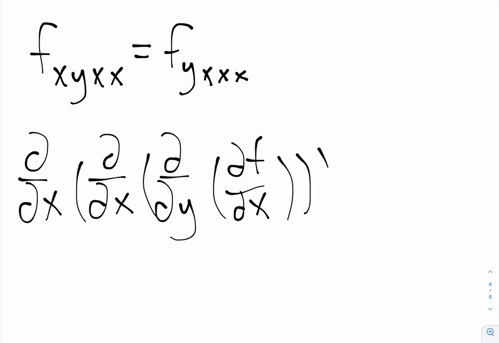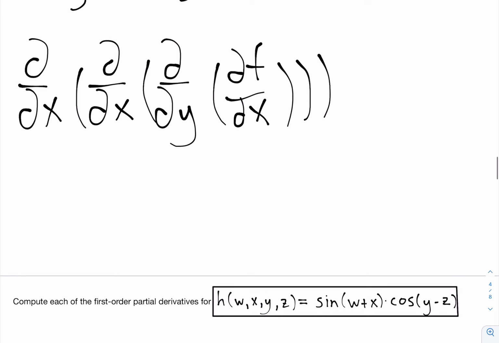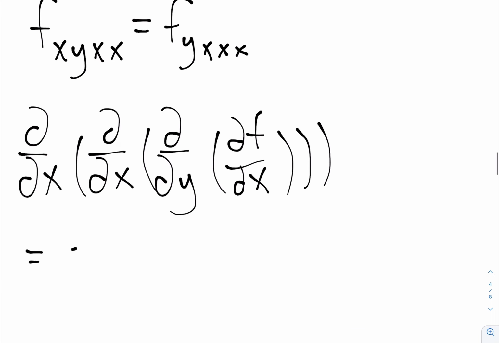Okay, and if we expanded this kind of almost algebraically, we have 1, 2, 3, 4 partials on the top. So this would equal partial to the fourth of f divided by, let's see here, how many x's do we have on the bottom? 1, 2, 3.